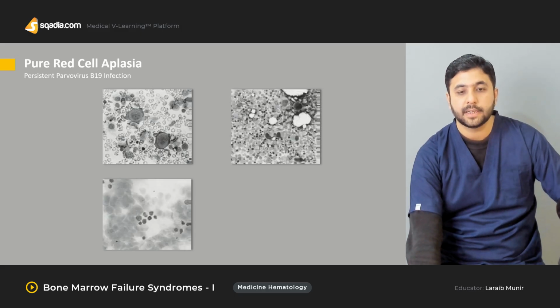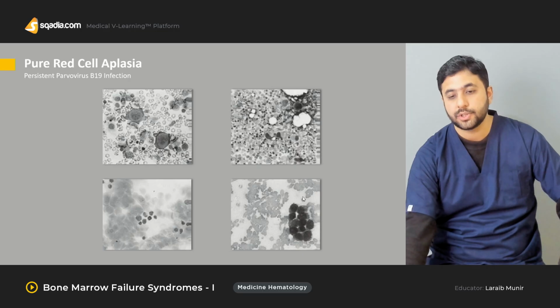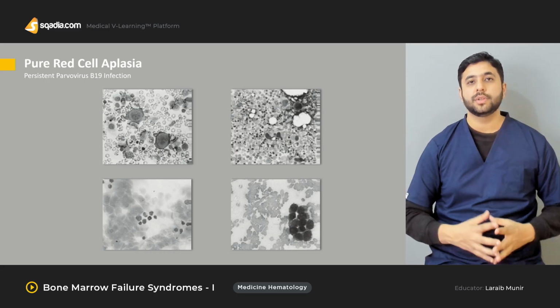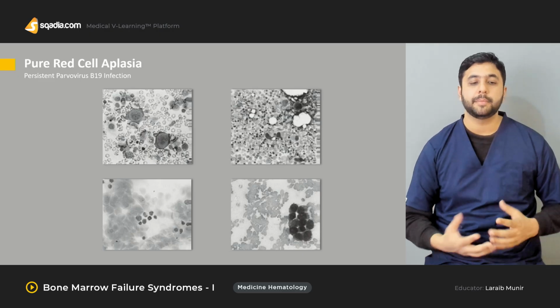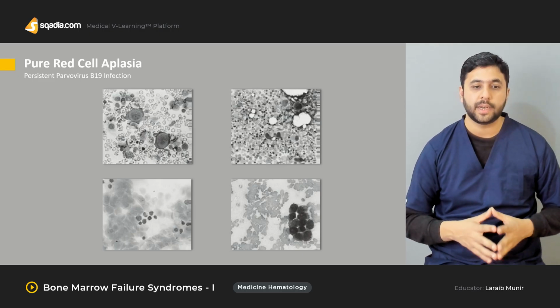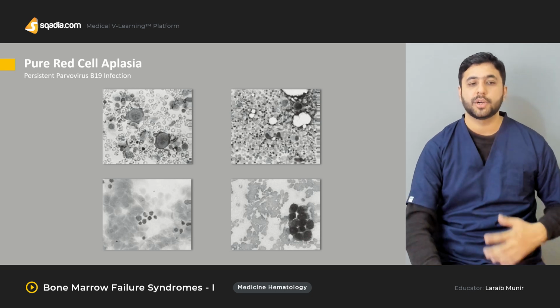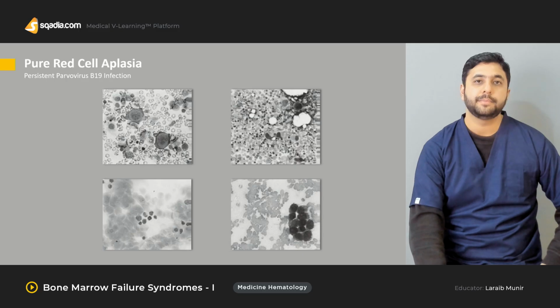These can also be seen in other types of cells; here is a collection of these pronormoblasts. Here you can see certain sideroblasts. Generally whenever there is a chronic infection, the body tries to conserve iron, so there can be a sideroblastic anemic presentation as well in these patients. So pronormoblasts are important to remember when we are talking about a persistent parvovirus B19 infection.